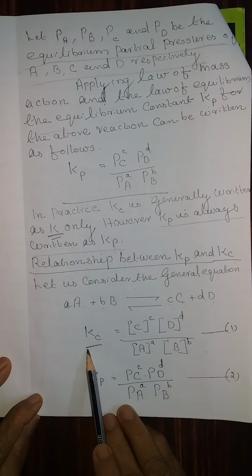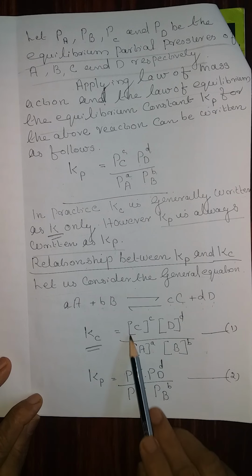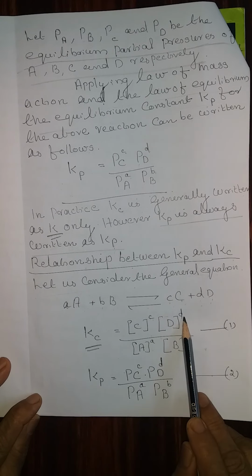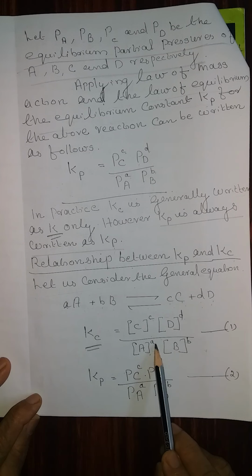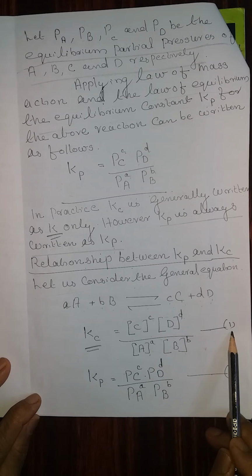We know what is Kc. Kc is equal to concentration of C raised to the power c, concentration of D raised to the power d, divided by concentration of A raised to the power a, concentration of B raised to the power b. Equation number 1.